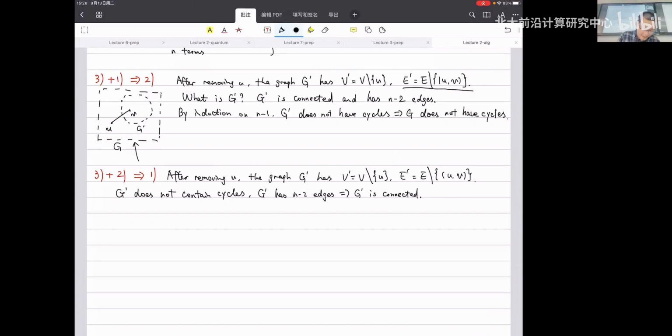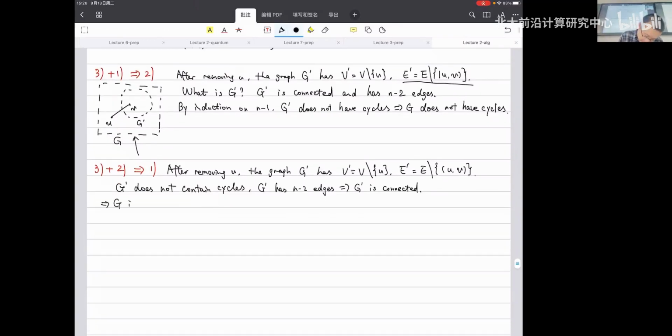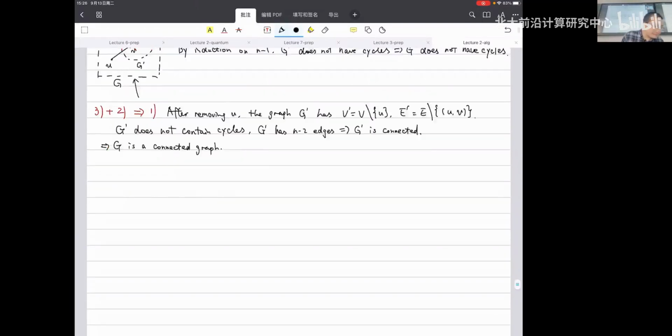So this part of G prime is connected, and you have another edge here, so U is also connected to the other part of the graph. So this implies that G is connected. Basically this finishes the discussion that 3 plus 2 imply 1.